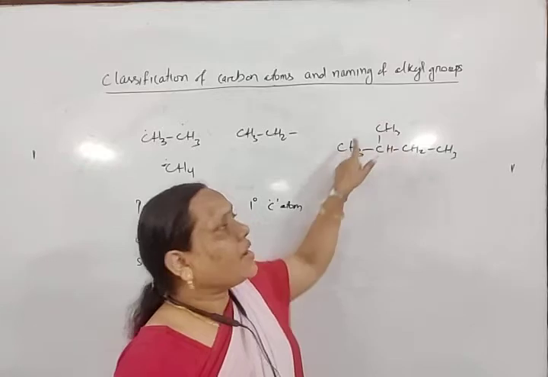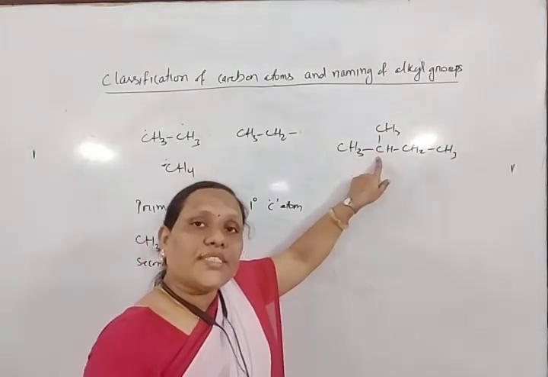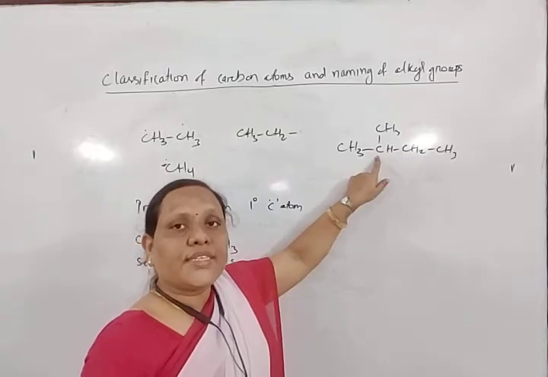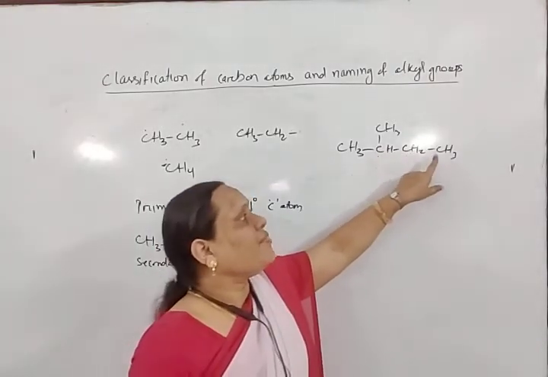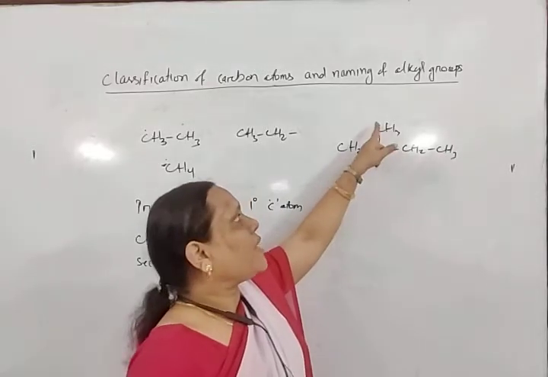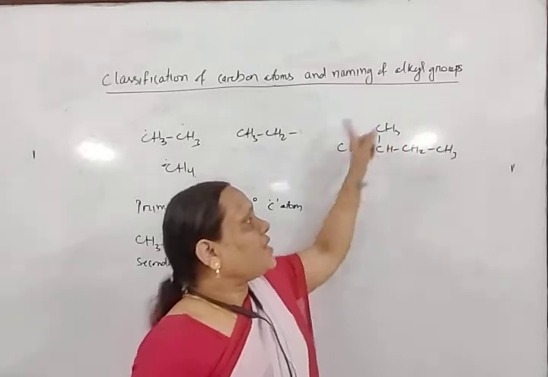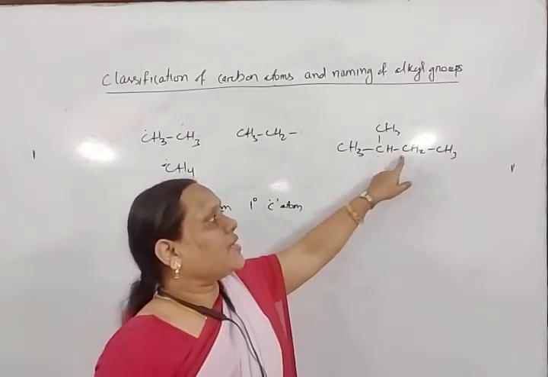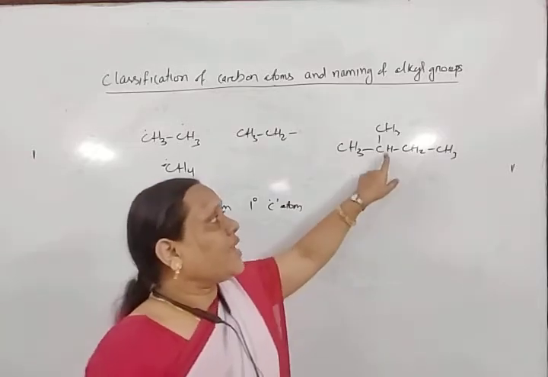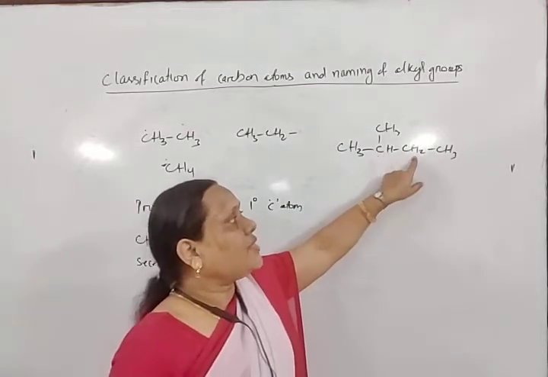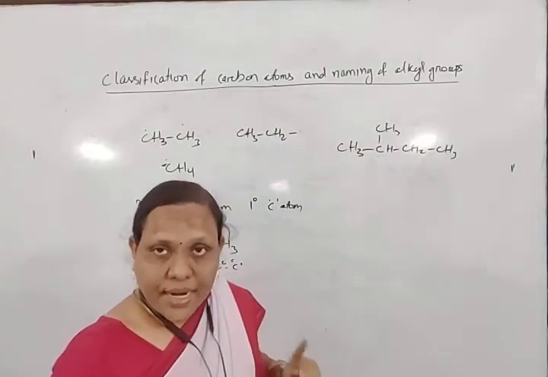In this way, this carbon is a tertiary carbon atom. This is a tertiary carbon atom, this is a secondary carbon atom, and these are primary carbon atoms. So 3 primary carbon atoms, 1 secondary and 1 tertiary. This hydrogen is primary hydrogen, these are 2 secondary hydrogen, and there are 9 primary hydrogen atoms.